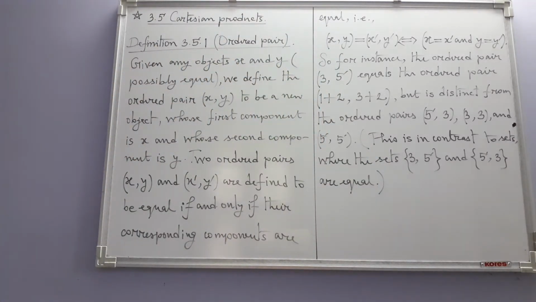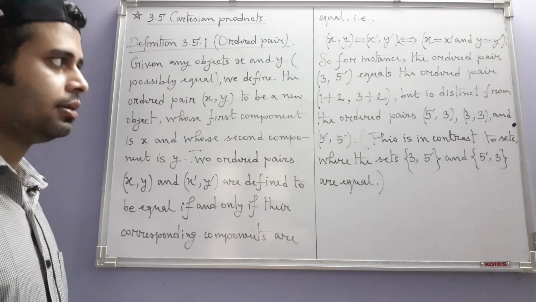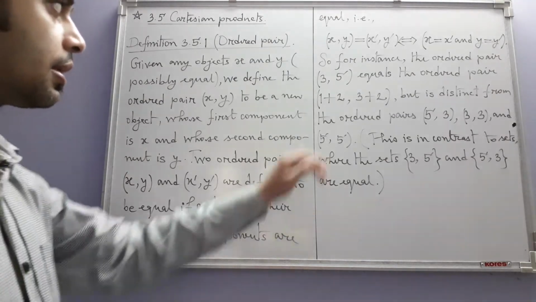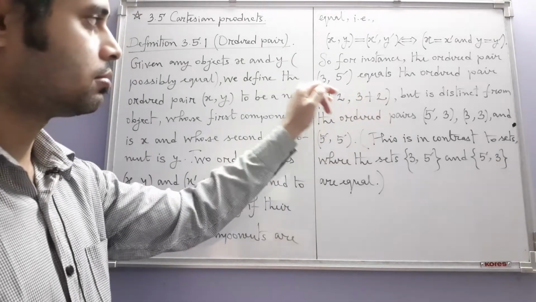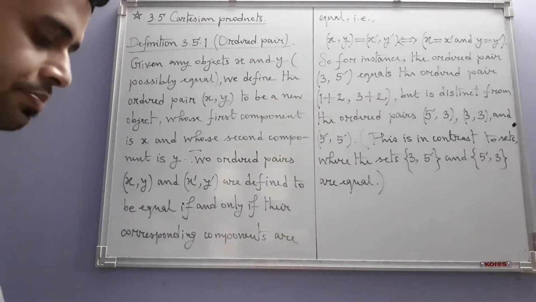Okay, so that is basically the idea of an ordered pair. It's after all a set, it's a collection of some components, but order matters.